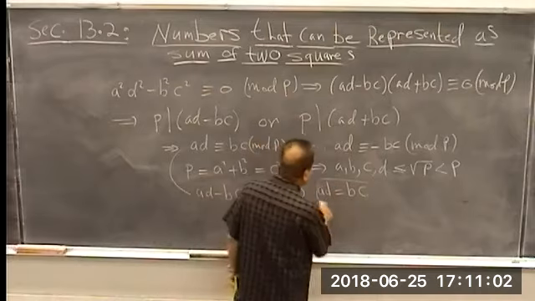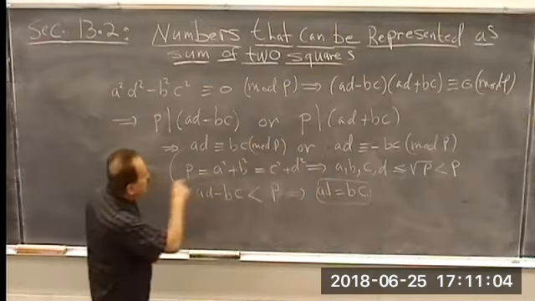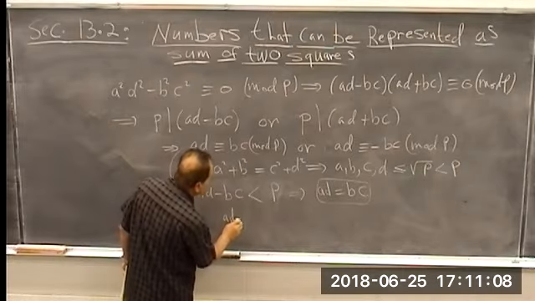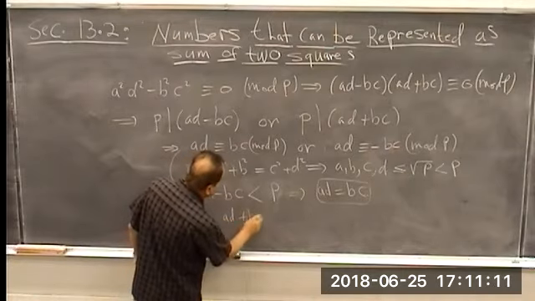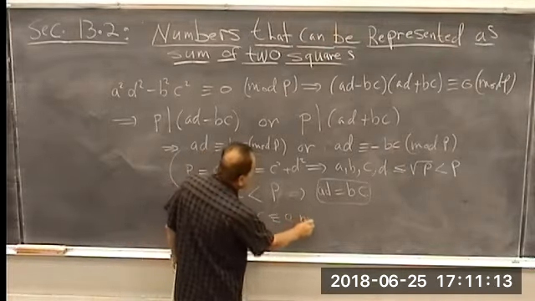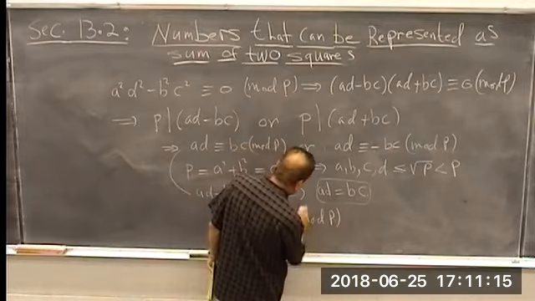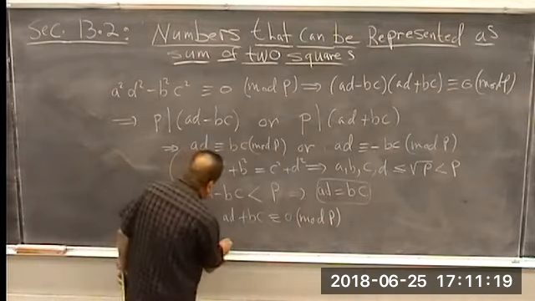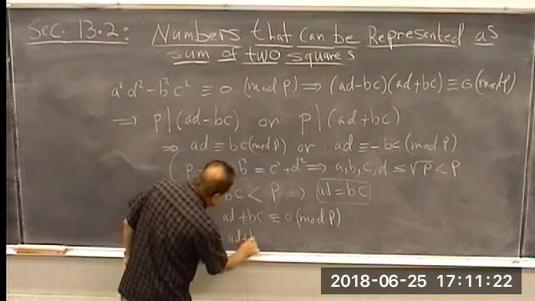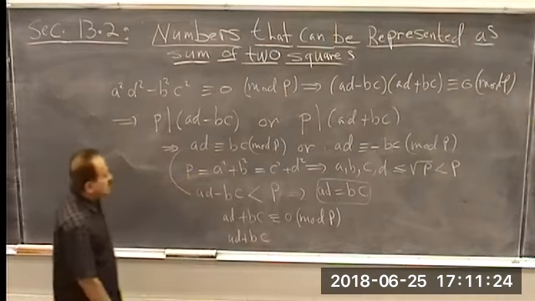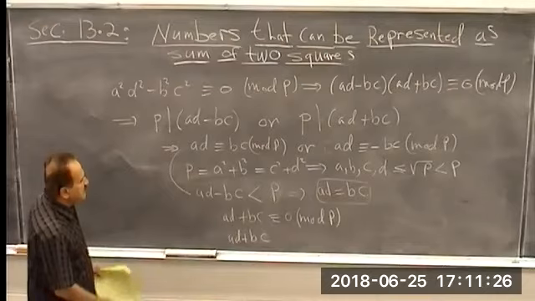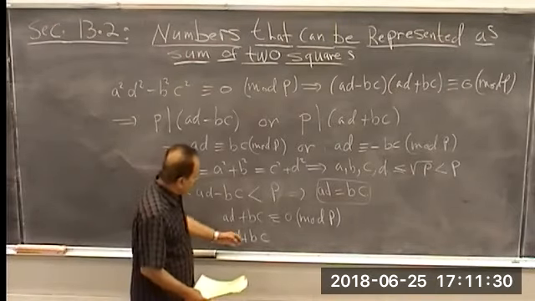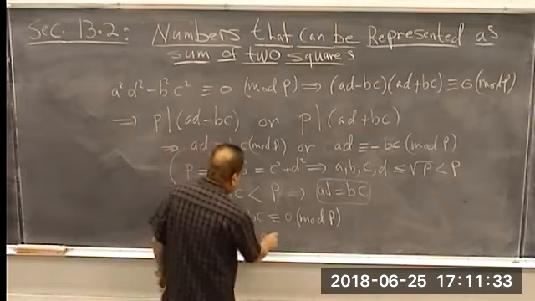All right? On the other hand, when we talk about the other congruence, AD plus BC is congruent to 0 mod P. And the sum of these, each one of them is less than square root of P. So this means this is going to give me P, and this one is going to be less than 2P.